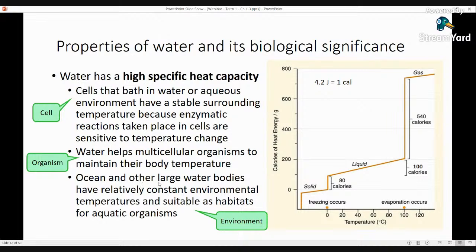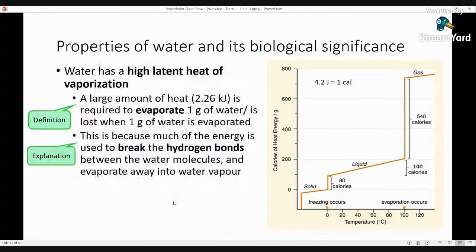The ocean and other large water bodies have relatively constant environmental temperatures and are suitable as habitats for aquatic organisms, because the temperature of the ocean and other large water bodies, for example lakes and ponds, is constant.